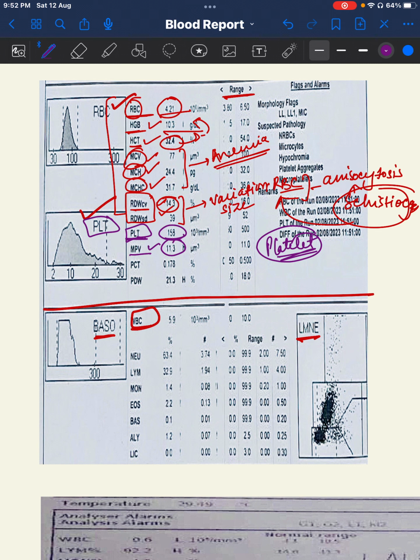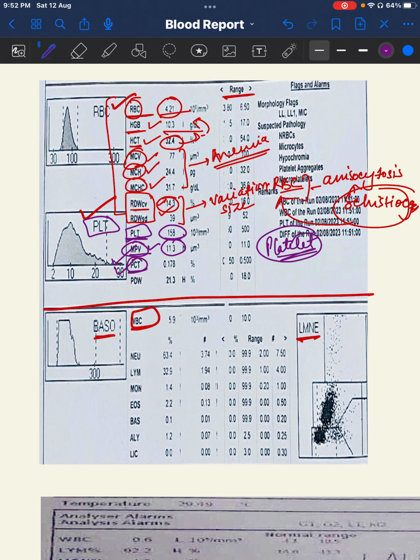So my platelet volume, the granularity of my platelet, the quality of my platelet should be good so that it can perform that function and prevent me, or for that matter my patient, from any bleeding disorder. So I need to look for my platelet MPV, how is my platelet volume?